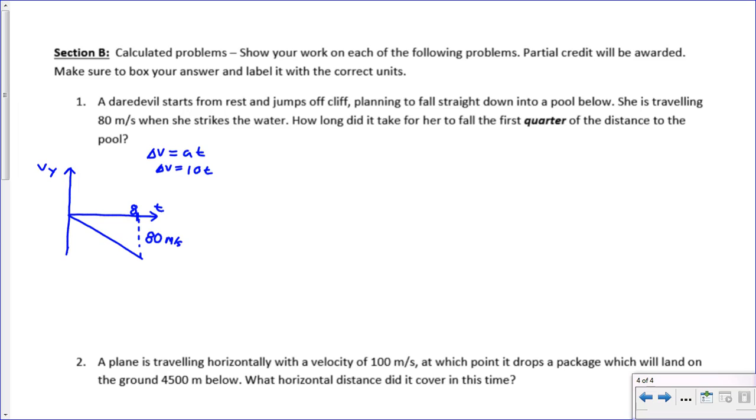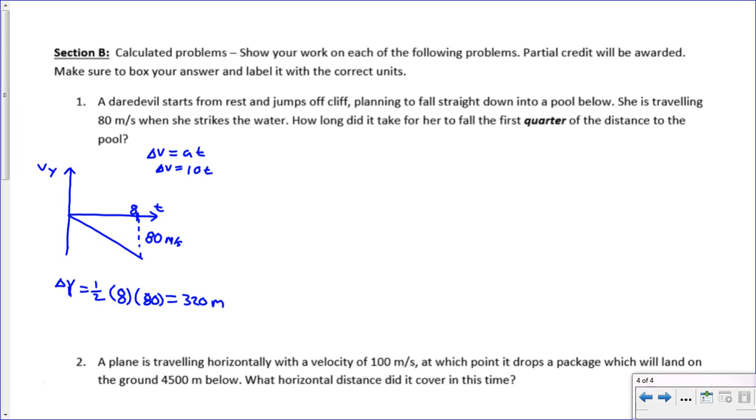So to figure out how far this person is going to fall, we can say change in y, the change in height, equals 1/2 times 8 times 80, which equals 320 meters.